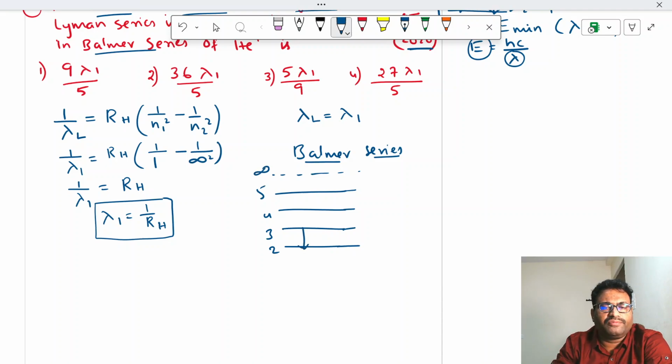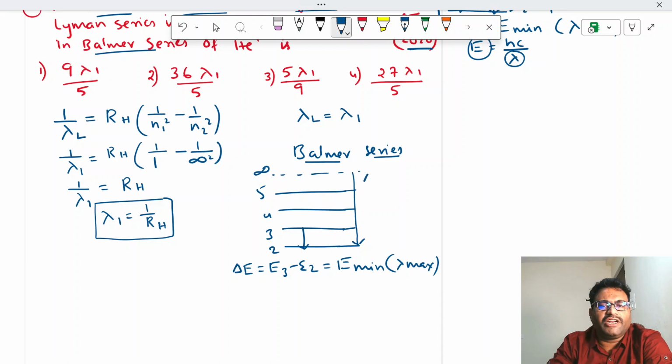From 3 to 2, delta E is equal to E3 minus E2. This energy will be minimum and lambda will be maximum, as we have normally studied. Next, from infinity to 2, delta E is equal to E infinity minus E2. That energy will be maximum, wavelength will be minimum.